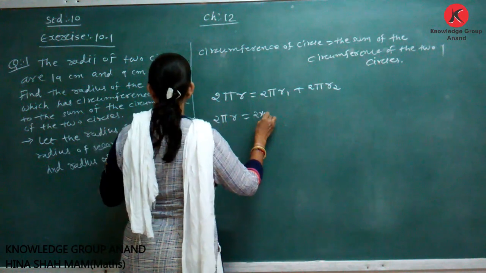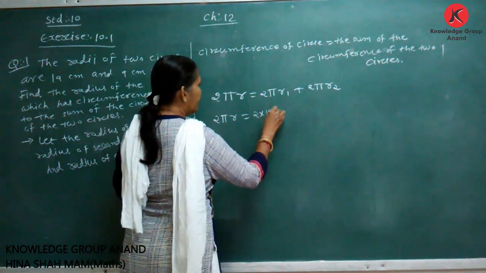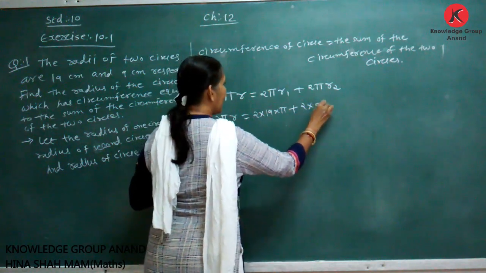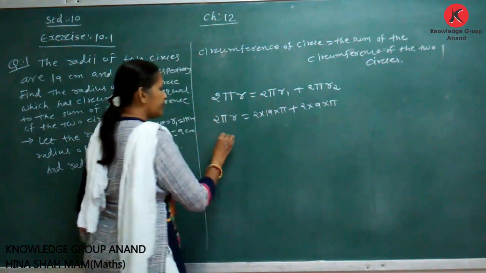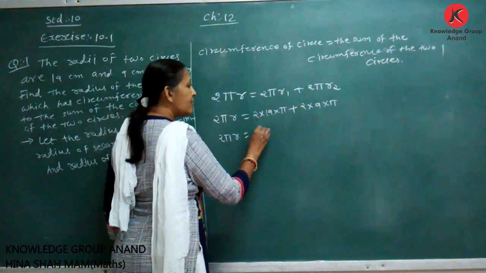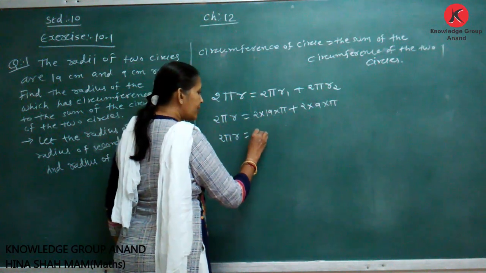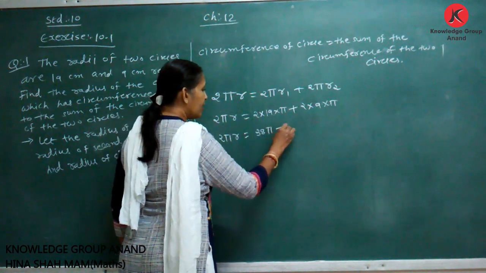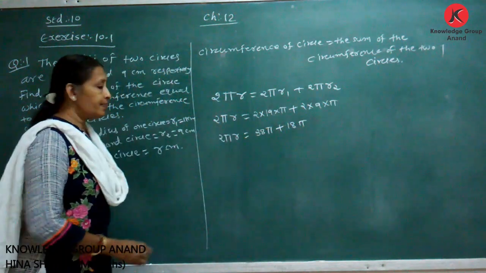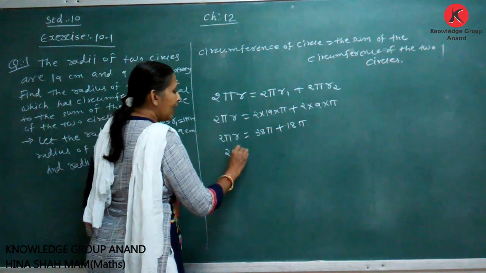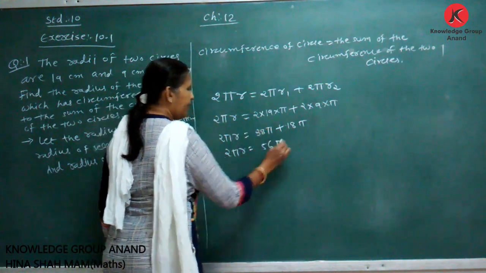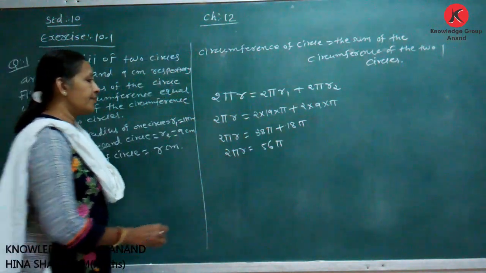2 into R1, which is 19, into pi, plus 2 into R2, which is 9, into pi. So 2 pi R equals 38 pi plus 18 pi. 2 pi r equals 56 pi.